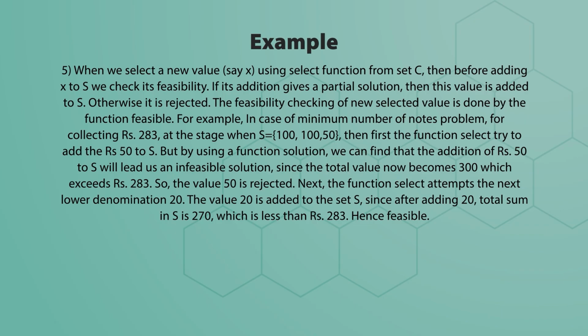Another thing is that you have to take care of the objective function. The objective function here is that you have to get the minimum number of notes. So this objective function can verify that the number of notes that you are getting in the end is minimum. For example, here you are getting 7 notes, and if you try any other possible solution, you will not get fewer.